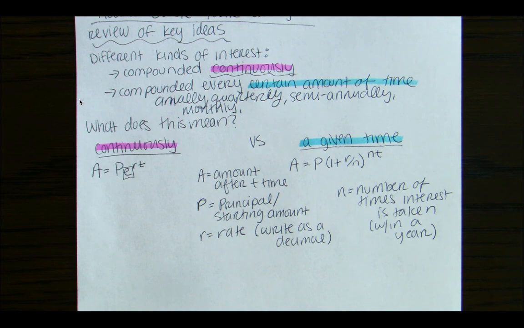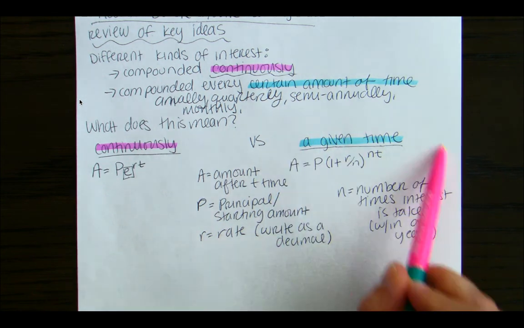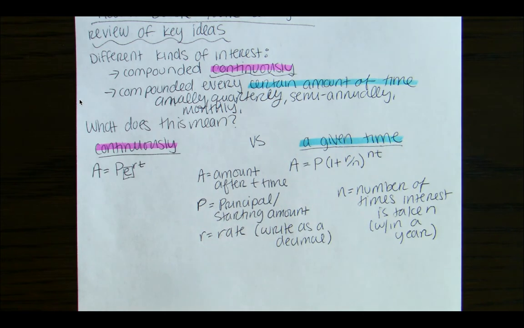So the one we are focusing on is given a certain amount of time. The ones in your worksheet are going to be specifically annually, but I will do an example that is not annually just so you can see it.